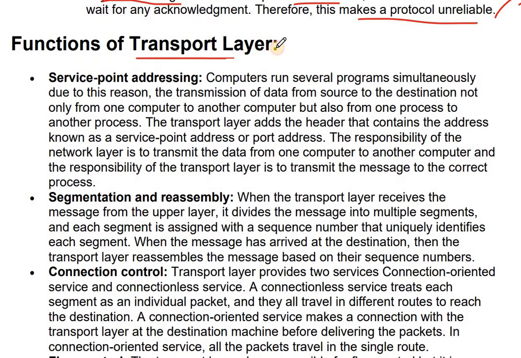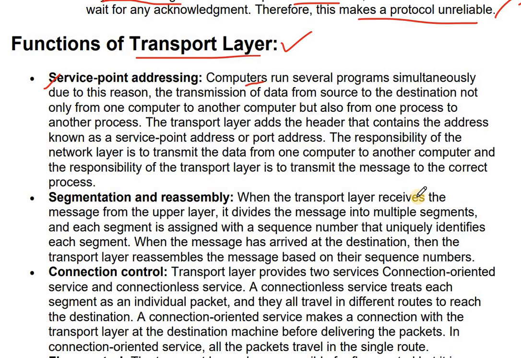The other thing is the functions of the transport layer. First, service point addressing. Computers run several programs simultaneously. Due to this, the transmission of data from source to destination is not only from one computer to another computer but also from one process to another process.